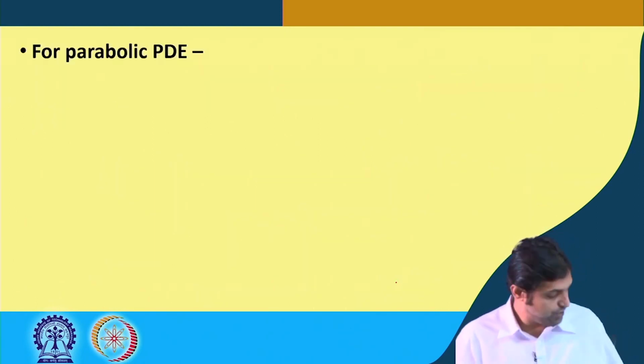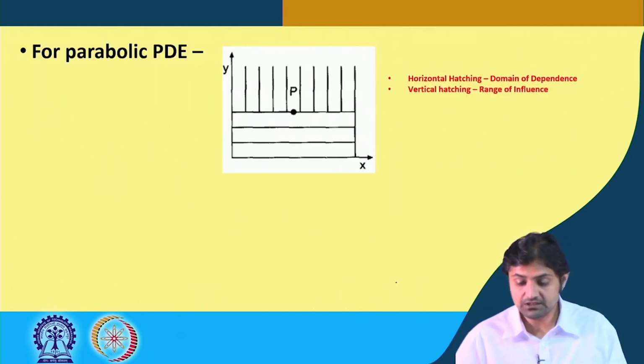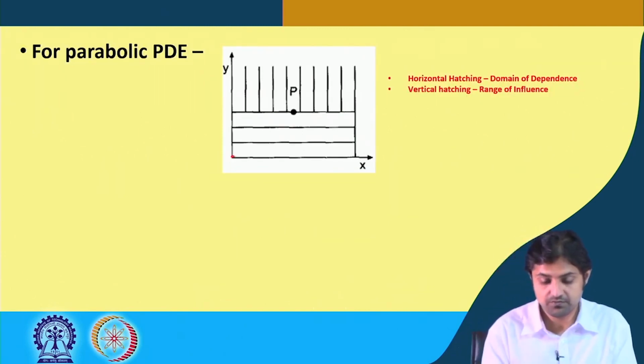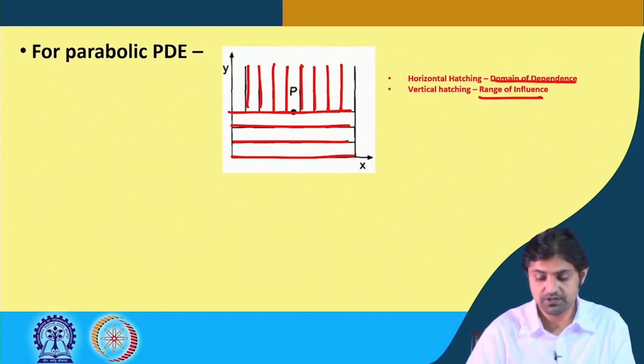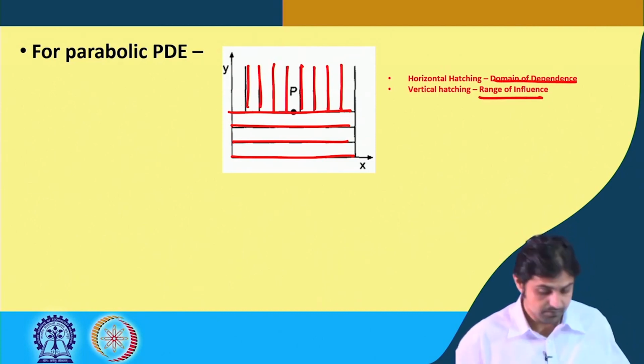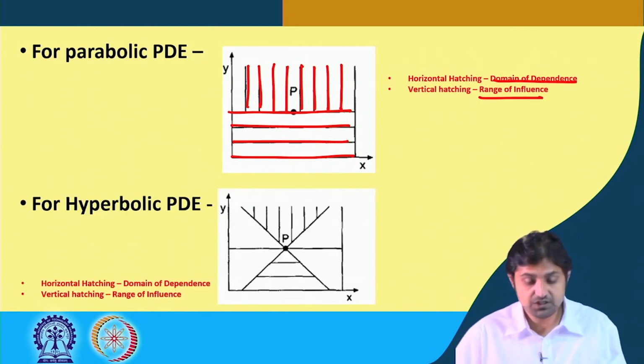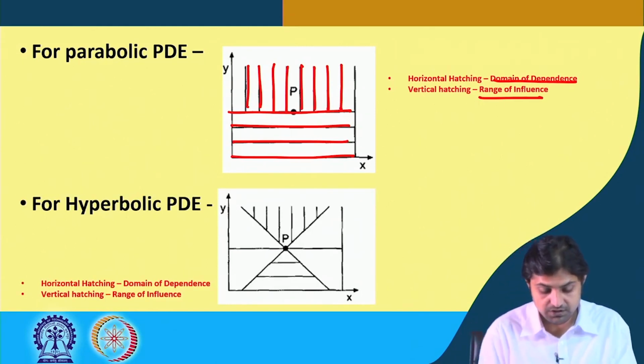Now, for a parabolic PDE, this is the domain of dependence, horizontal hatching, whereas the vertical hatching, like these ones, these are the range of influence. For a hyperbolic partial differential equation, the horizontal hatching shows the domain of dependence, this one, whereas the vertical hatching shows the range of influence.